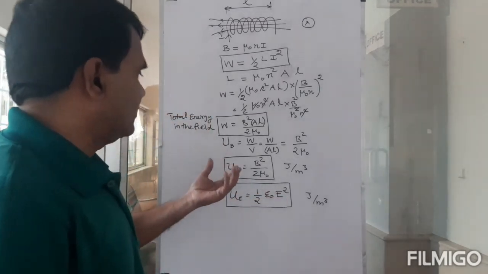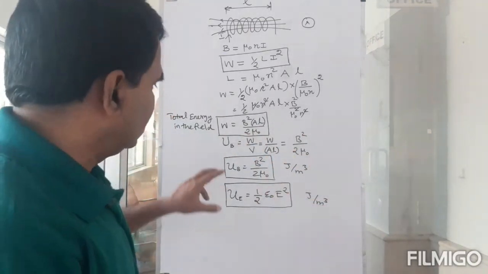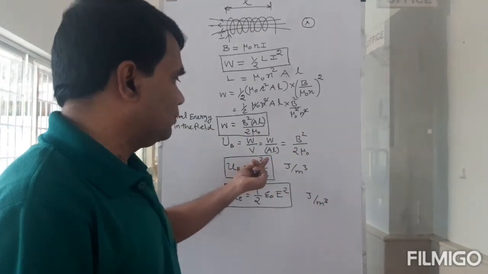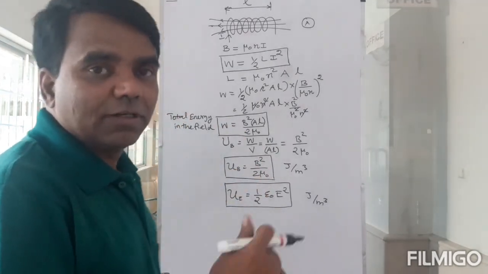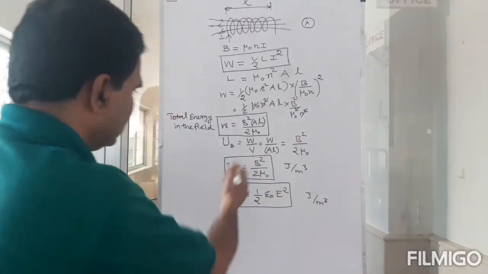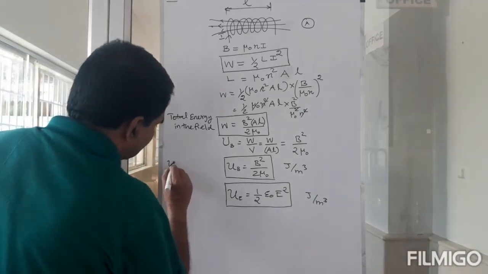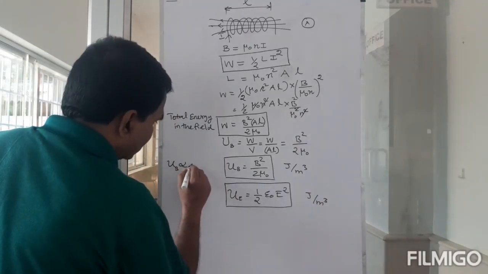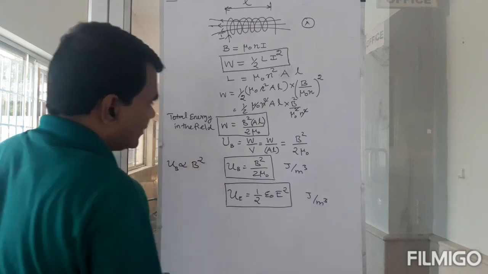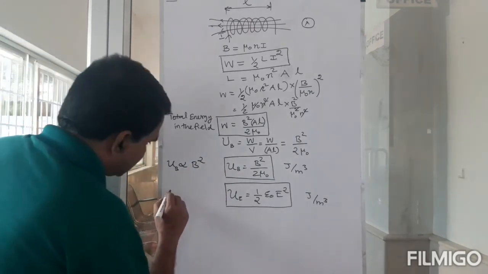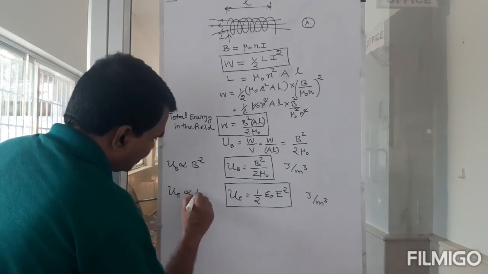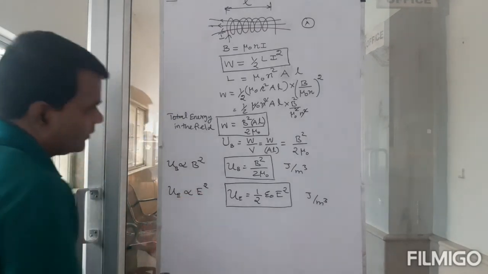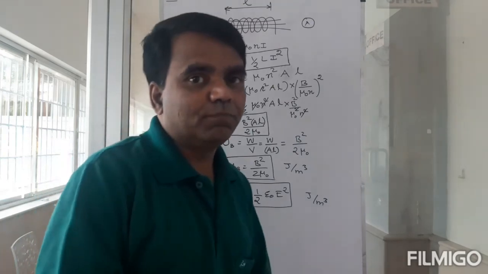The energy per unit volume is proportional to the square of the field strength. In this case, U B is proportional to the square of the magnetic field, and in that case, energy per unit volume is proportional to the square of the electric field strength.